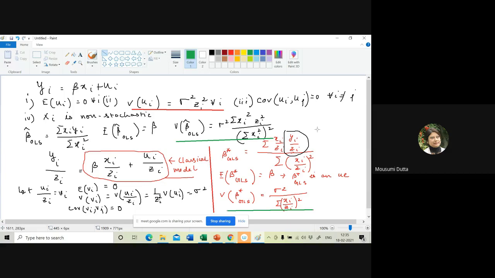So please write down both beta hat OLS and beta star GLS are linear and unbiased. Both the estimators are linear and unbiased.